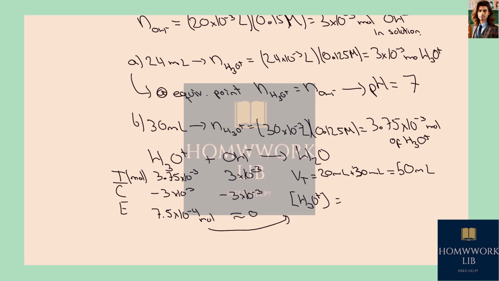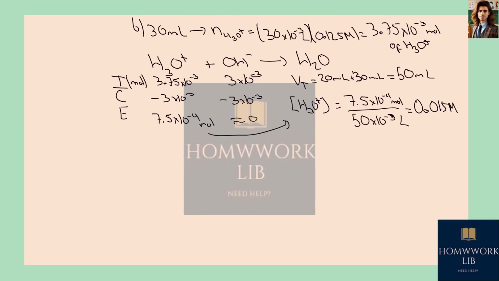The concentration of H3O plus is going to be 7.5 times 10 to the minus 4 mole divided by my total volume given in liters, so 50 times 10 to the minus 3 liters, giving us a concentration of 0.015 molar of H3O plus at this point.